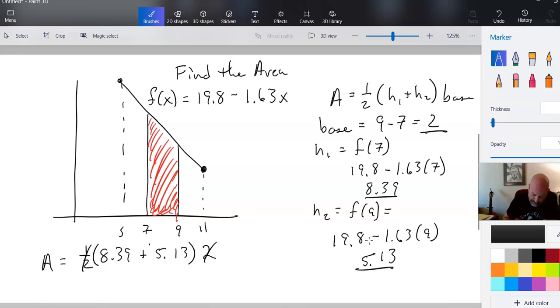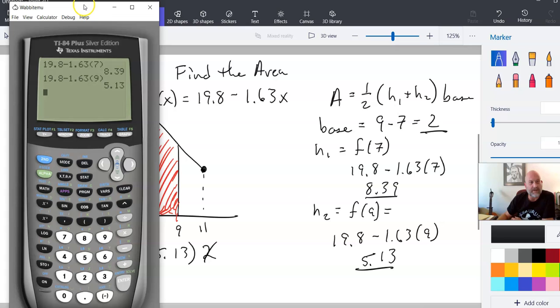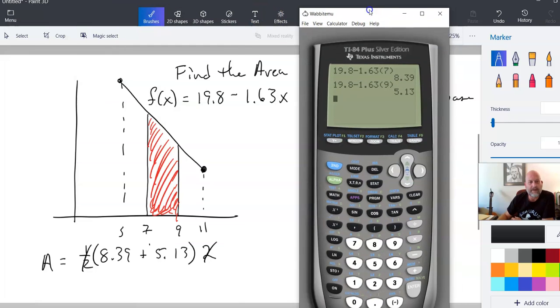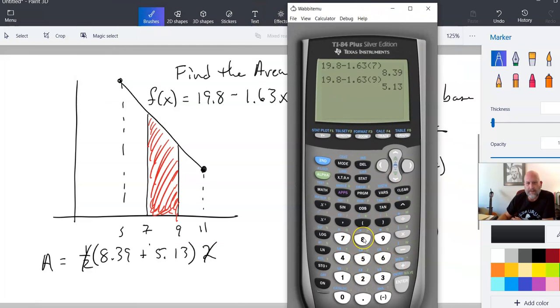So 8.39 plus 5.13, we can do pretty quickly here. And I'll do it on the calculator. So 8.39 plus 5.13 is 13.52.